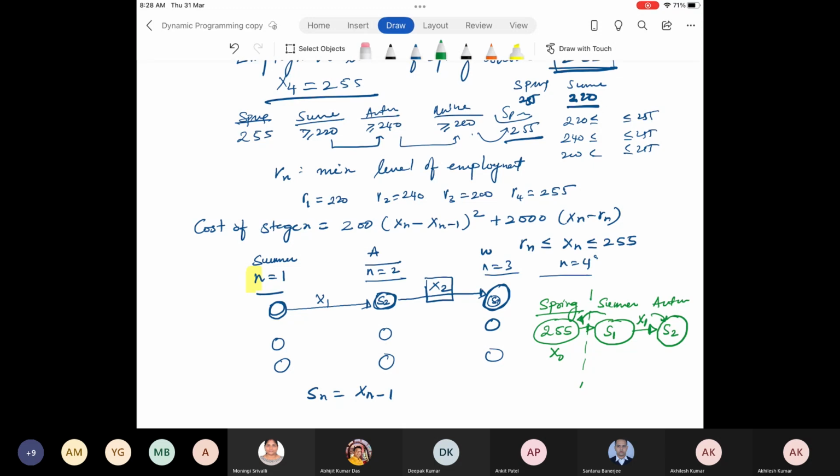Sir, is it not key that at the start of the summer we have already taken the decision to add some employees or to remove some employees? So generally the way we define stage and state, the decision for summer you are taking in summer, not in spring.